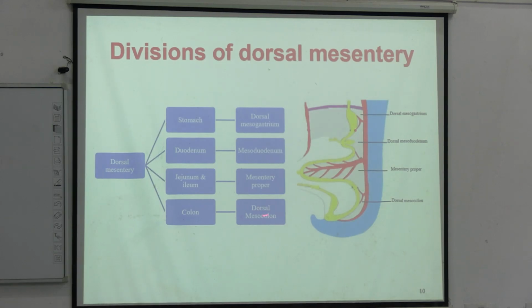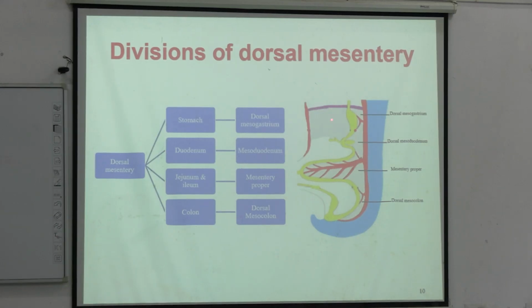Around the colon we have the mesentery we call the dorsal mesocolon. So, embryologically, this element we call mesentery is present posteriorly along the entire length and has different names. Now, coming to the front side, only the foregut has mesentery, which we call the ventral mesentery.